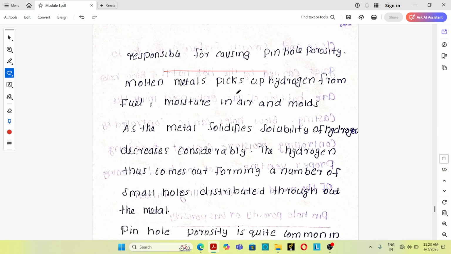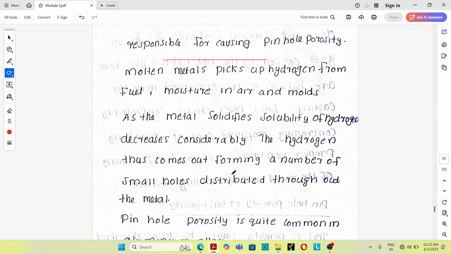The molten metal picks up hydrogen from fuel, moisture in air, and mold. As the metal solidifies, the solubility of hydrogen decreases considerably. The hydrogen thus comes out forming a number of small holes distributed throughout the metal. So this is the reason for hydrogen porosity, gas hole porosity, or pinhole porosity.